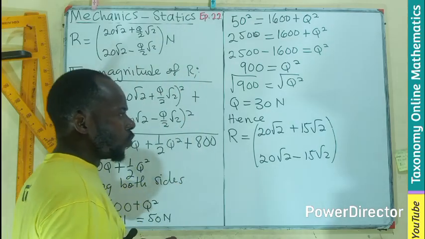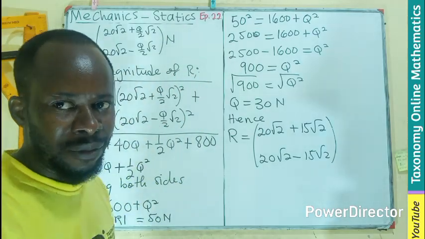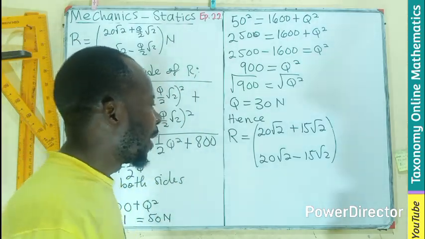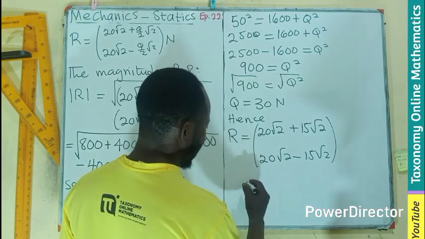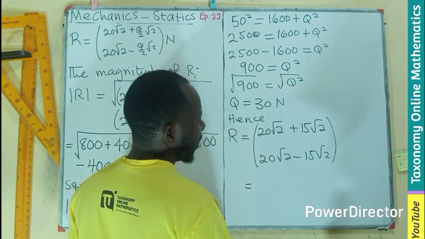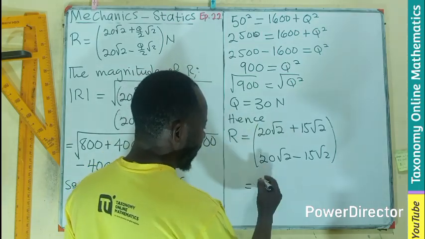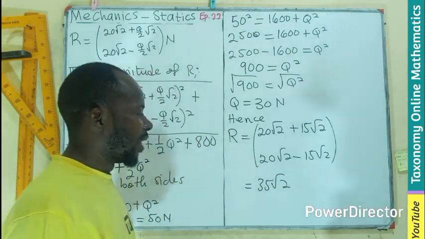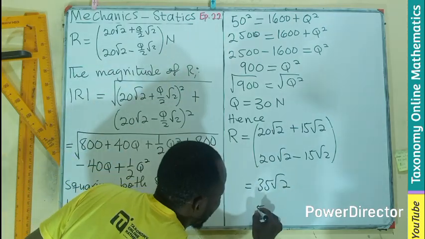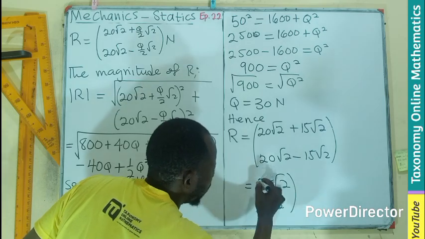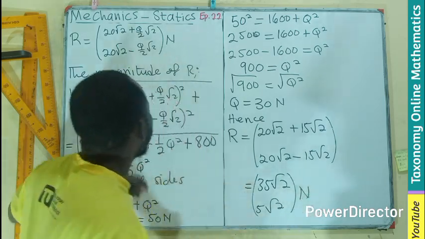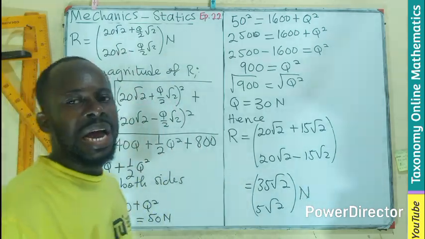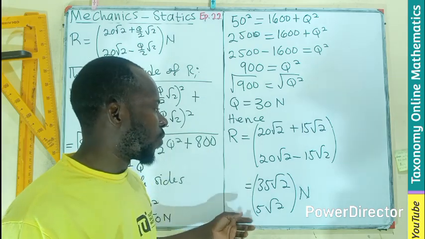And I believe you can see root 2, meaning we can perform the addition here. If I do that, that will give me 20 plus 15, that will be 35 root 2. 20 minus 15, that will give you 5 root 2. So this is actually the resultant force.